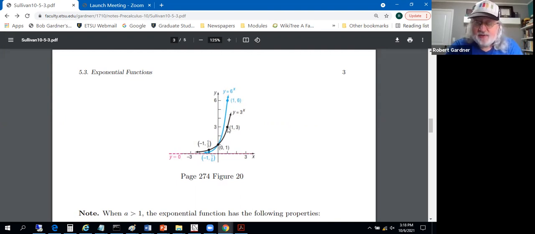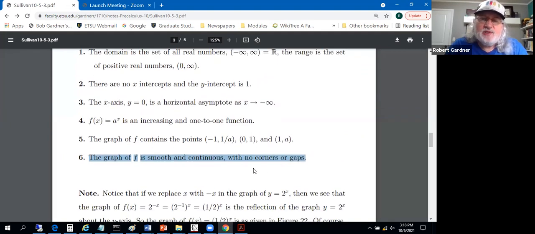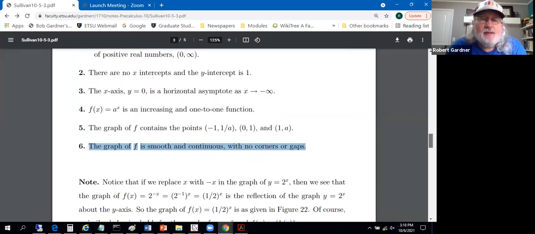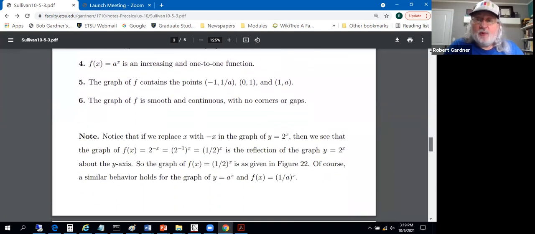It does behave as graphed, but we don't quite have the knowledge to establish that. So we are taking the author's word for this last one about continuity and smoothness. Okay, that was an analysis of the case for an exponential function when a is greater than 1. What about when a is less than 1 and greater than 0?